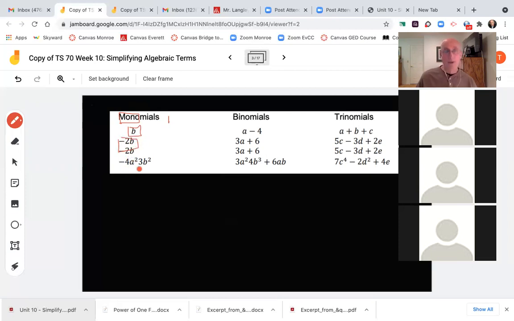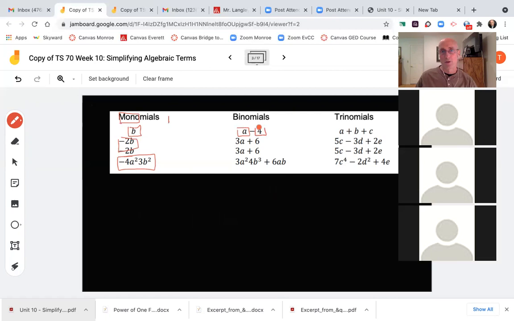Or believe it or not, all of this right here is considered a monomial. Why? You'll notice there's no plus sign in between any of the terms. It's 4a squared times 3b squared. All of this is multiplied times each other, so we call it a monomial.